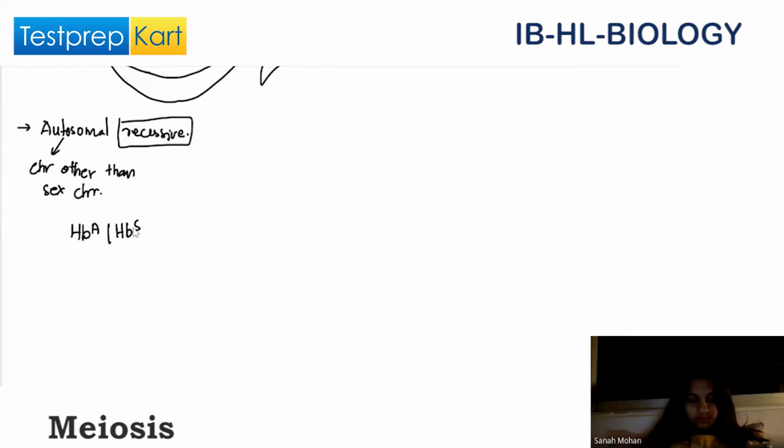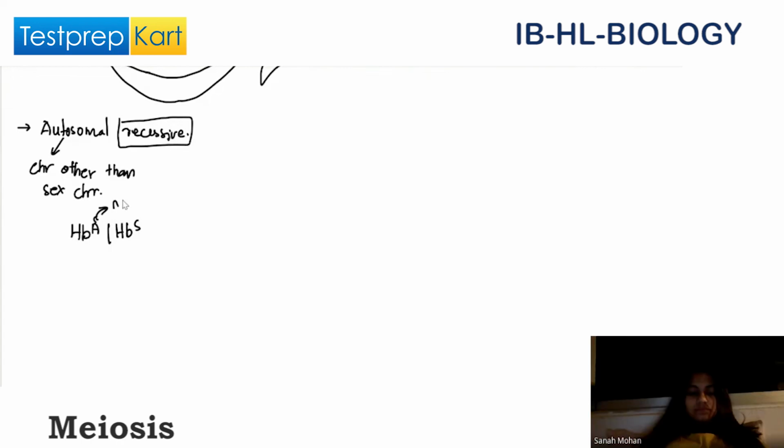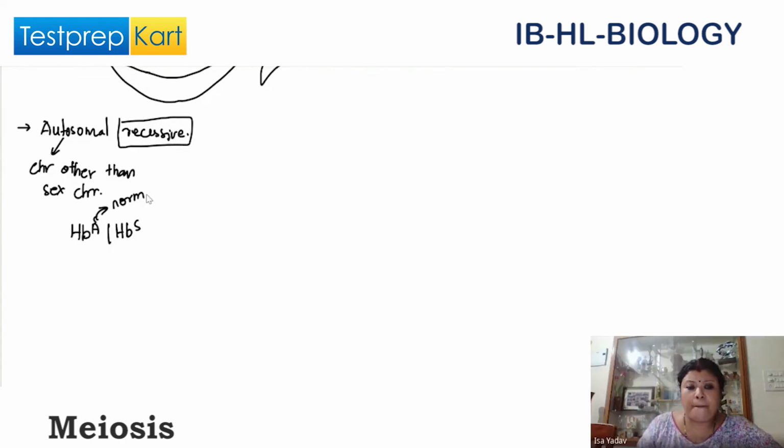The disease is controlled by a single pair of alleles, HBA and HBS. HBA is normal. HBS is the defective gene. Is this clear?